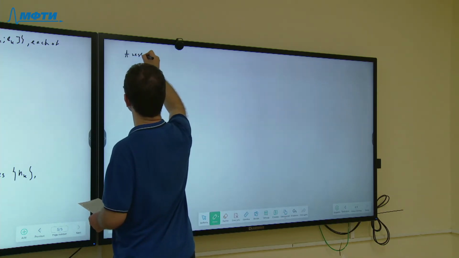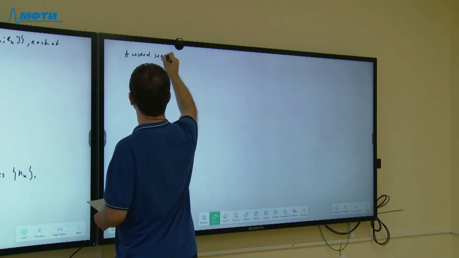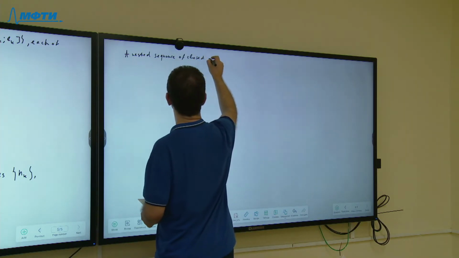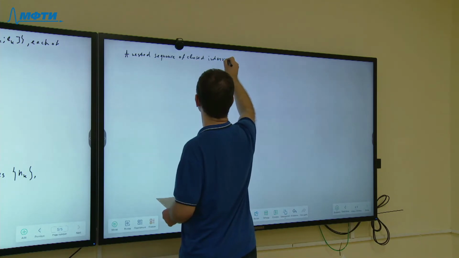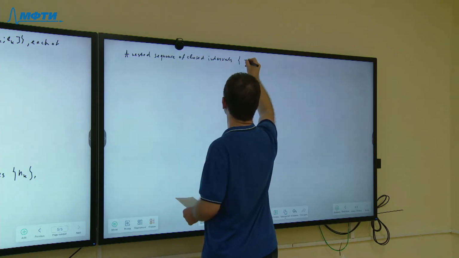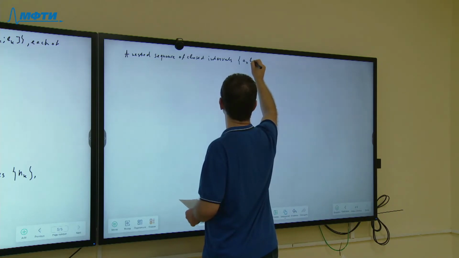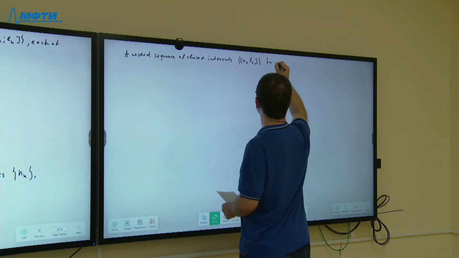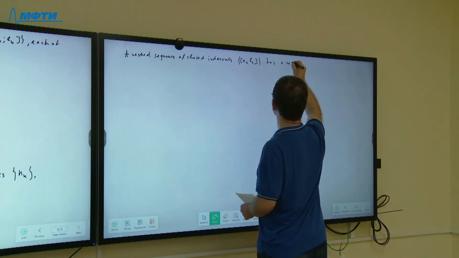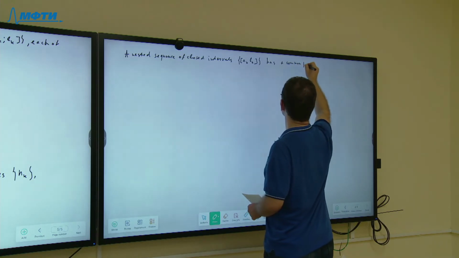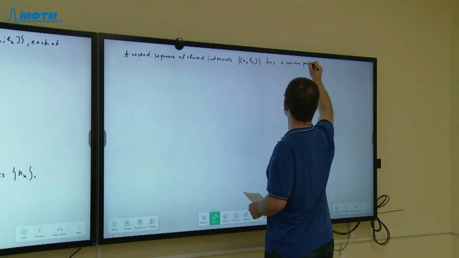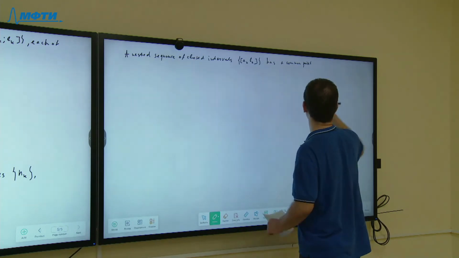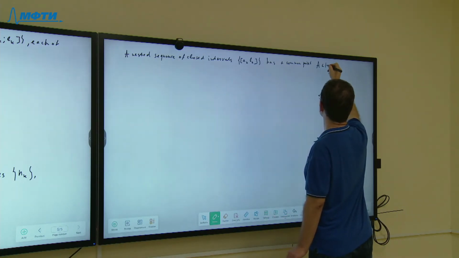A nested sequence of closed intervals AK, BK has a common point. Let's call it A. Yes, A, a real number.